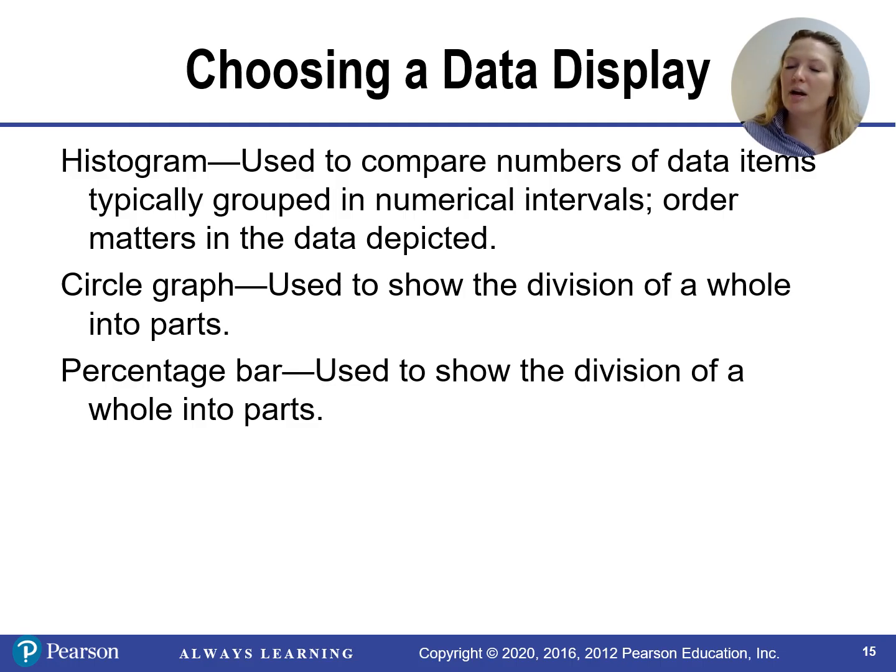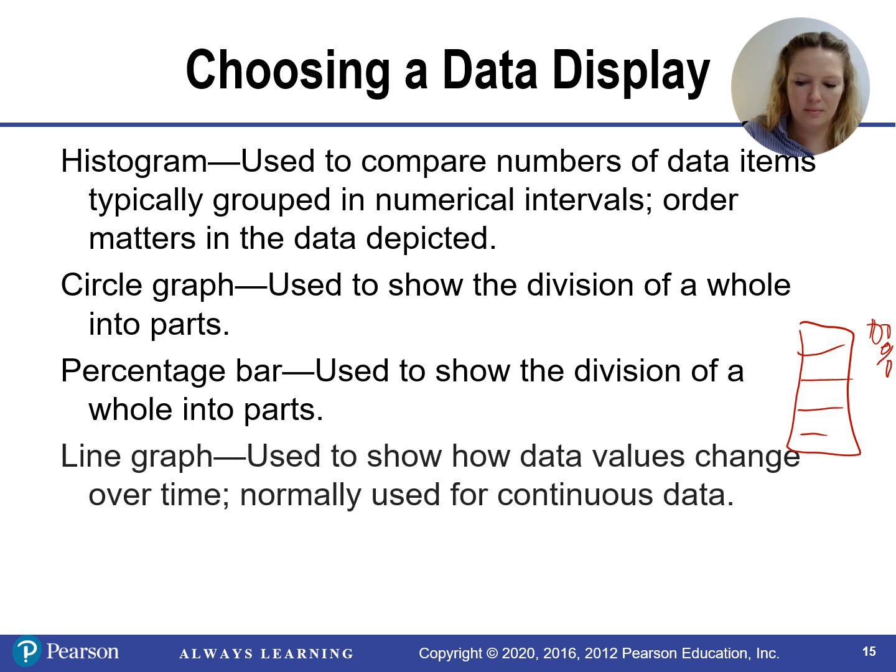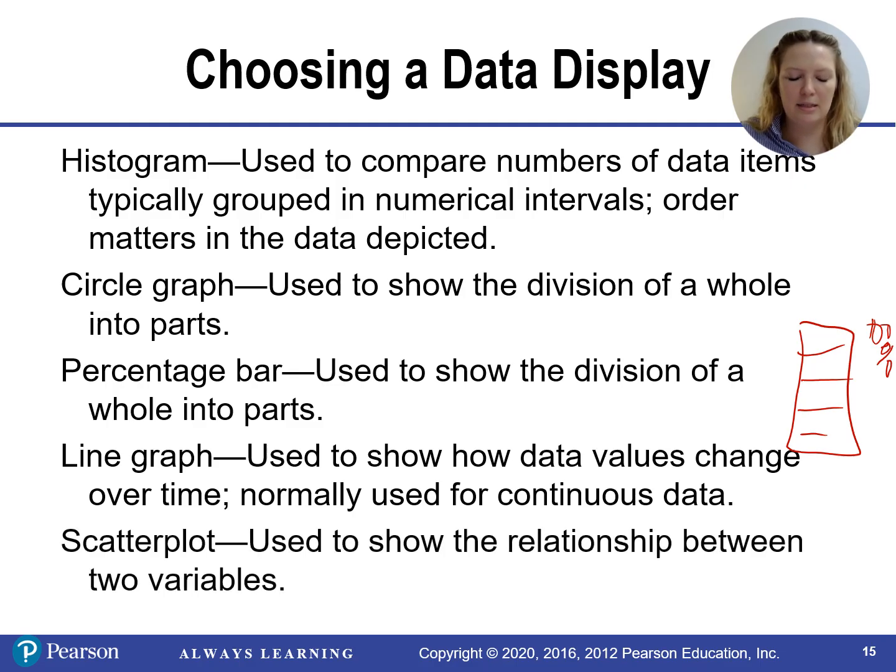So it's like a circle graph, except it's just going to be a vertical bar split into categories with a max of 100%. Then a line graph is used to show how data values change over time, typically for continuous data. And then last but not least, a scatter plot shows the relationship between two variables.